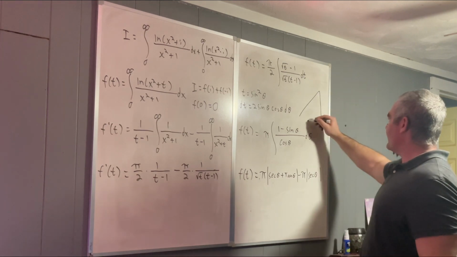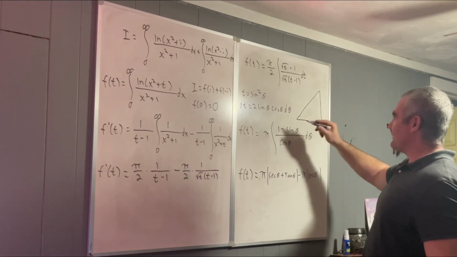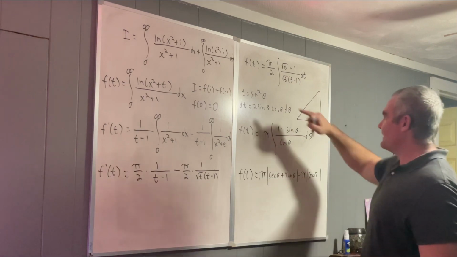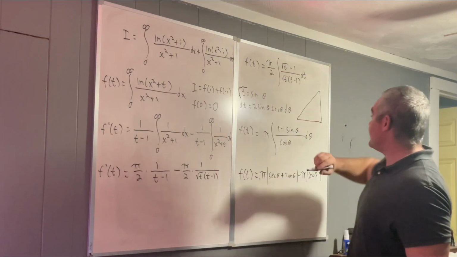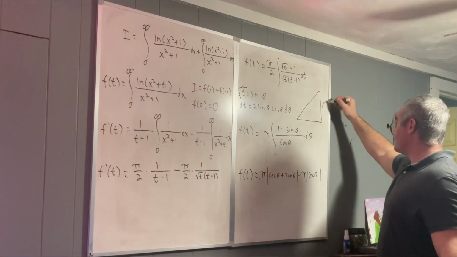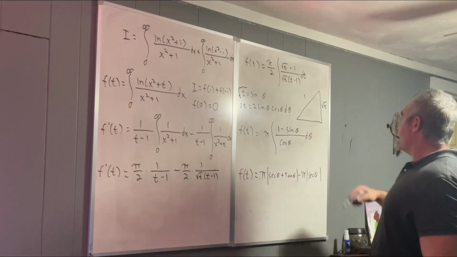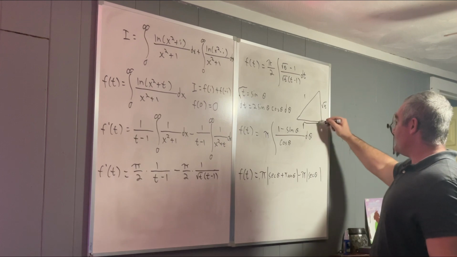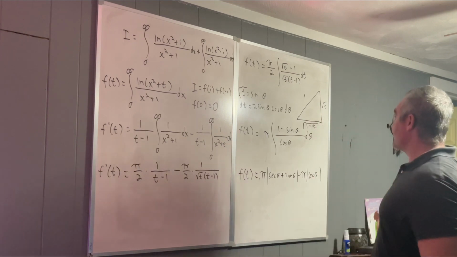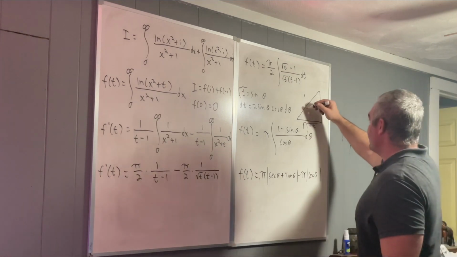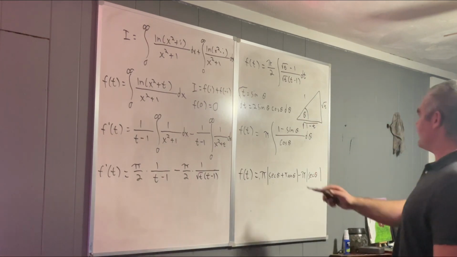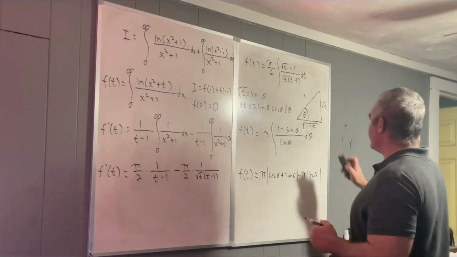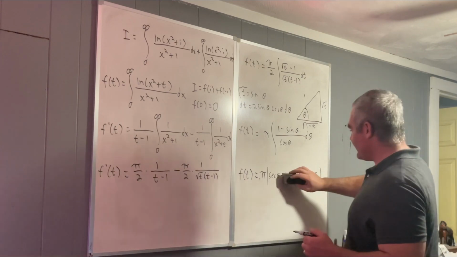Well, we don't ever like to have an angle squared, so we'll take the square root on both sides, giving us sine theta is equal to the square root of t. So let's do that. Sine theta is square root of t. There we go. So that means this would be the square root of 1 minus t. And this is our theta. So what does secant theta become? That is 1 over the square root of 1 minus t.